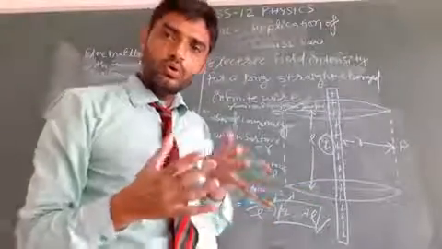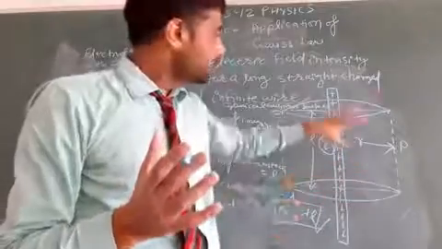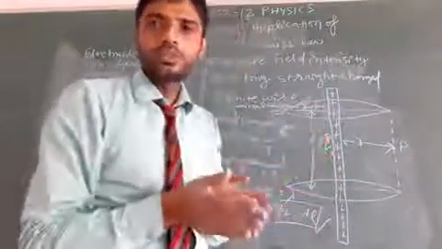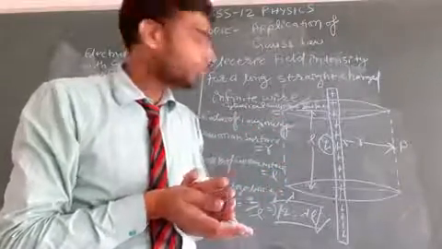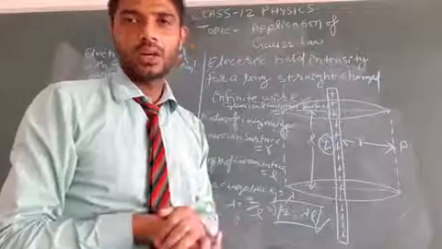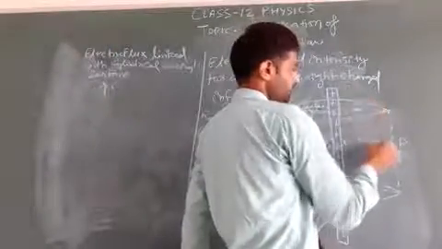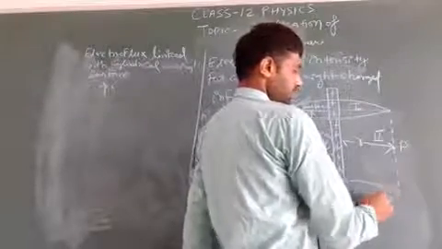Before finding the flux, we can resolve the total surface of this Gaussian surface into three parts: first, second and third.